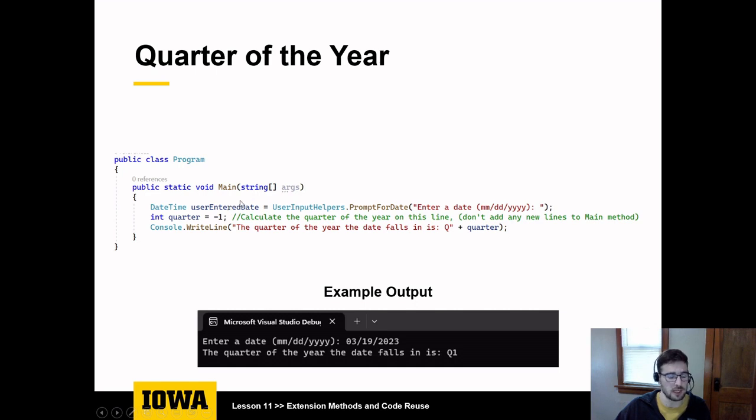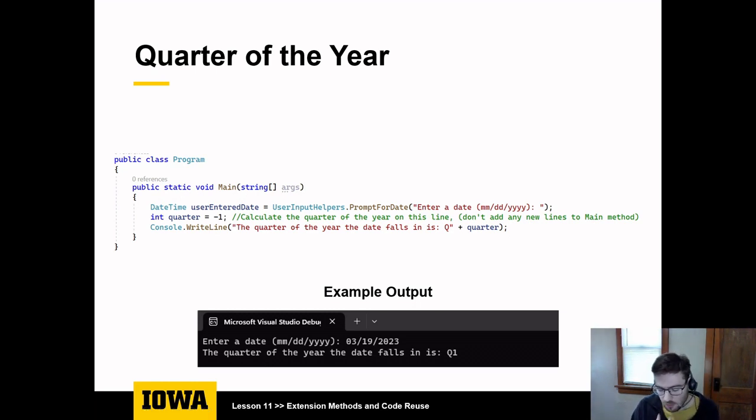It asks the user for a date, and we want to calculate the quarter and then print that back out. And this is what it looks like when it's actually run and input is entered by a user. The key to this example, though, is we want to do this without adding more code to the main program. We want to be able to calculate the quarter of the year on this line without making the public static void main method any longer.